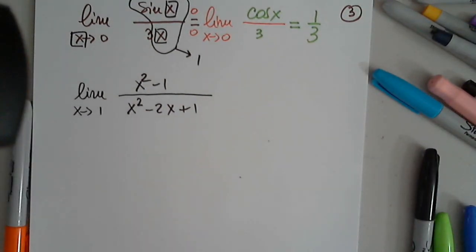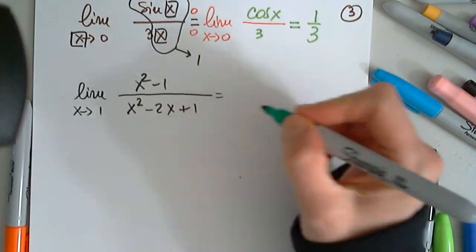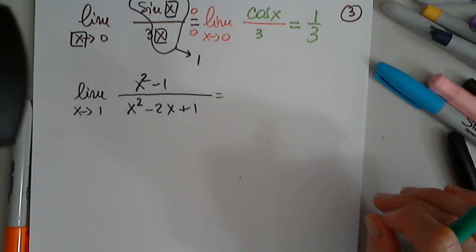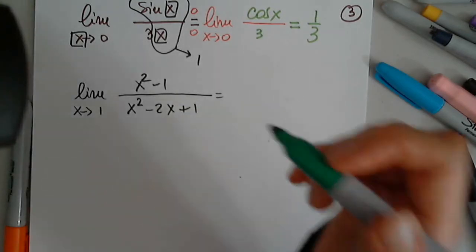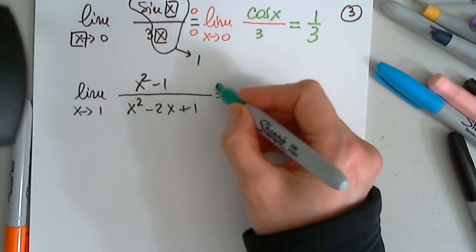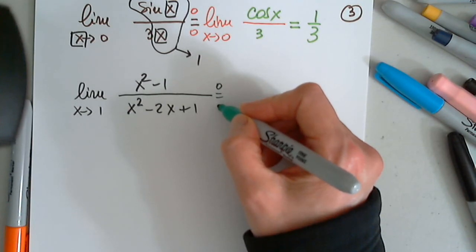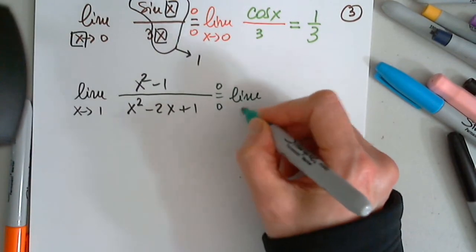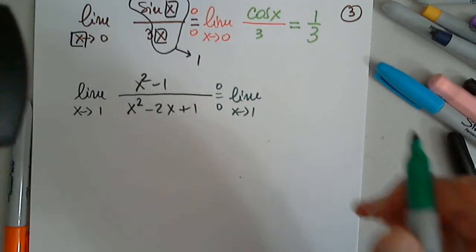Or what type of indeterminate case? Or what is the first step? Plug in. Good. So what do I get? 0 on the top. 0 on the denominator. Good. So then it means that I can apply L'Hopital's rule.